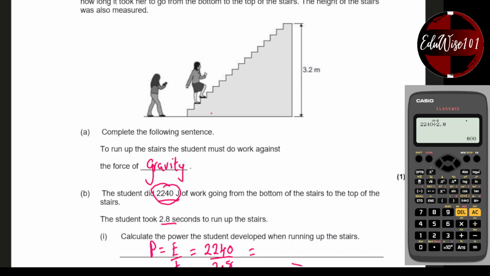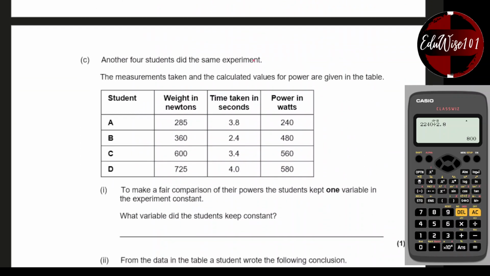There's no point in running different heights of staircase. That would mean that you're using different amounts of power. So you could say the variable that was kept constant is the height or number of stairs climbed.